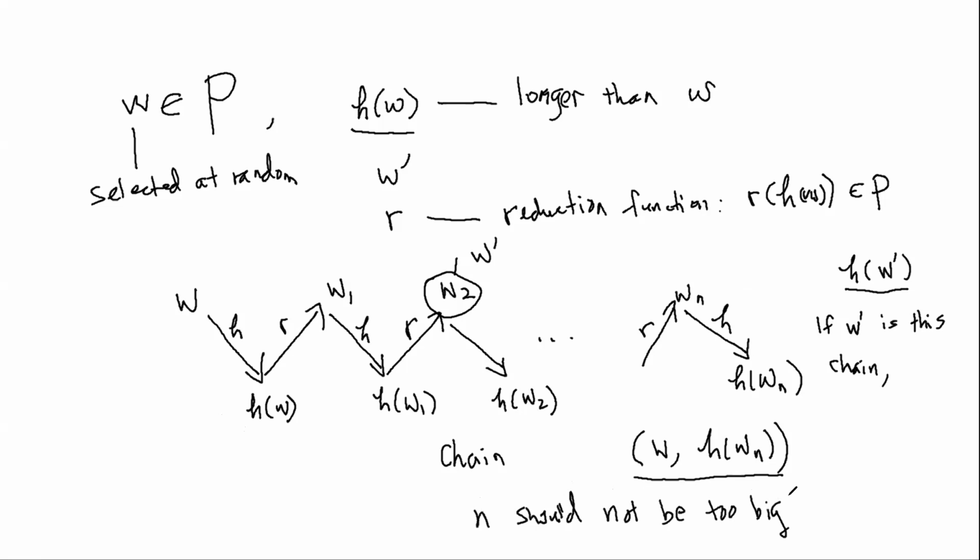So what happens if your W prime does not appear in the chain? That means you need to do more of these chains. That is the idea of a rainbow table.